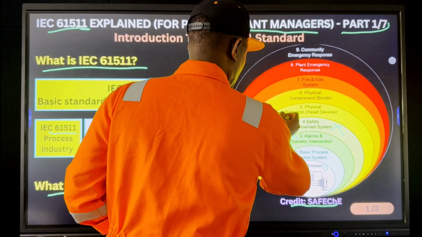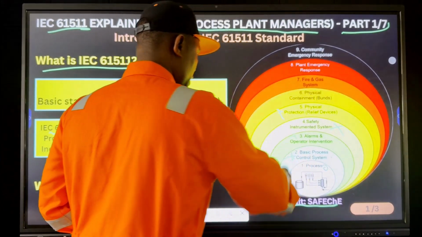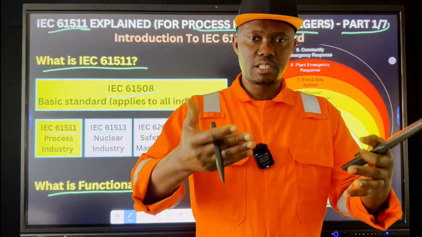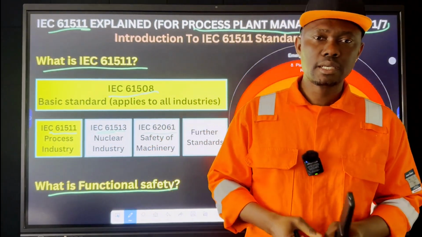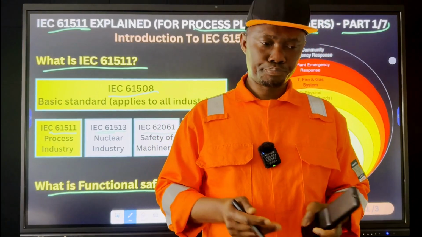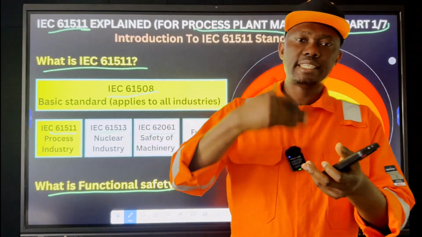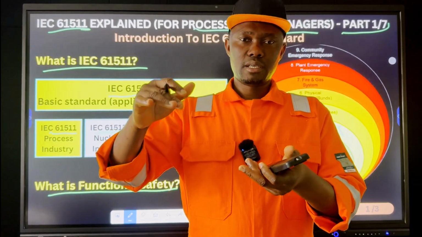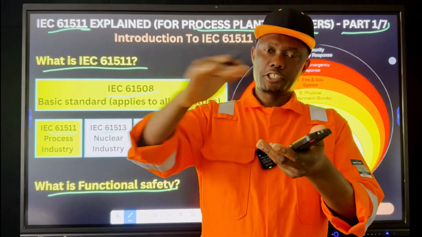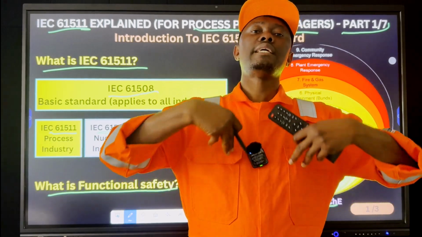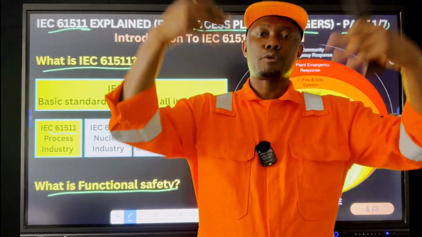The next layer of protection is the physical protection, like the relief devices, your pressure safety valve, for instance. What it does is to try to limit the pressure from exceeding the safe limit. So if it exceeds that threshold or that safe limit, it now releases the excess pressure or the excess process fluid.